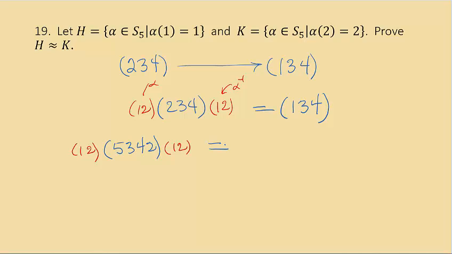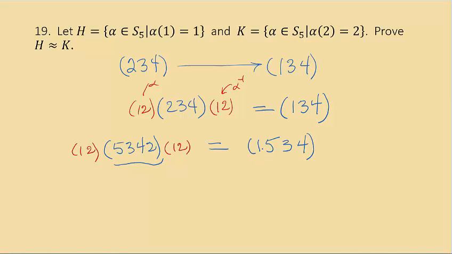So 1 goes to 2, 2 goes to 5, and then 5 goes to 3, 3 goes to 4, and 4 goes to 2, but alpha takes 2 back to 1. So we see again that it has taken this permutation (5 3 4 2) and changed it into (5 3 4 1).